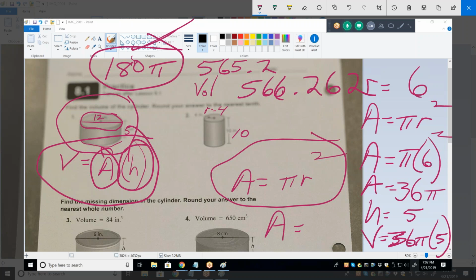All I did was multiply 180 times 3.1459, which is a very accurate approximation of pi. And I got 566.262. Round that to the nearest tenth for me.